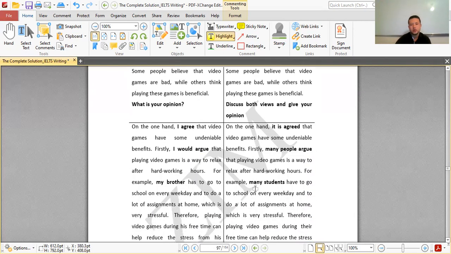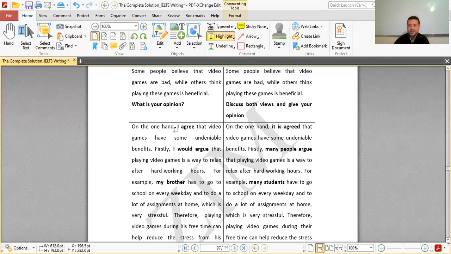For example, the first one is using pronouns. In a balanced essay, you can use personal pronouns and personal opinions like I agree, I would argue, my brother, okay?